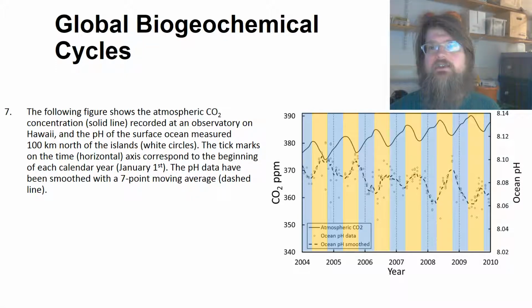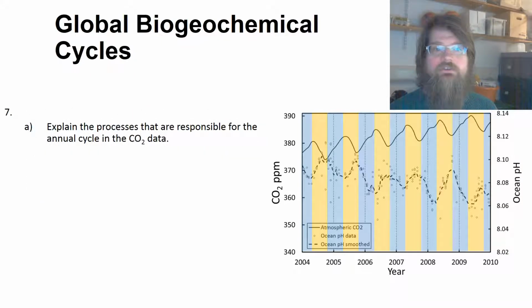Let's head on now and look at the actual parts of the question. The first question, part A, is: explain the processes that are responsible for the annual cycle in the CO2 data. So this question just looks at the solid black line. It doesn't take any notice of the pH data.